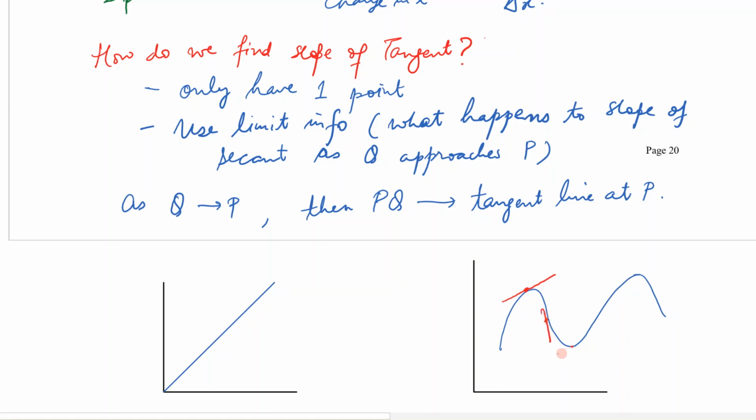So you're going to have multiple tangent lines at different points, and all those lines are going to have different slopes. So when we talk about the slope of a curve, we're going to get a function that tells us the slope of this curve. And for a specific point, we can just evaluate the value by plugging in the specific values of x.